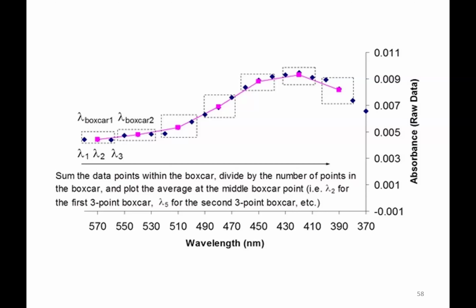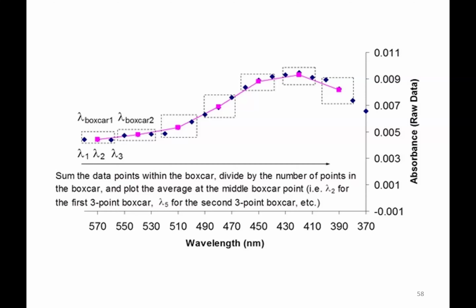So within this box, within this domain, what you will do is these blue data points, average them, you get the middle one, the purple one, right? And then you get the next box, and you get the purple one, and so forth and so forth. Those are the boxes. That's why we call it box averaging, boxcar averaging.